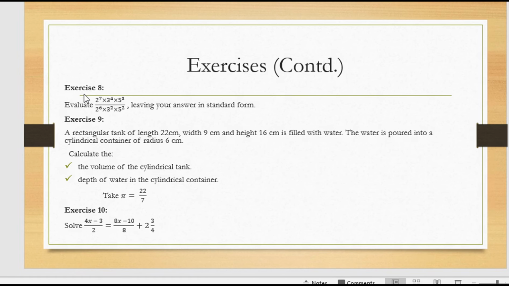Let's solve exercise 8. Evaluate this, leaving your answer in standard form.